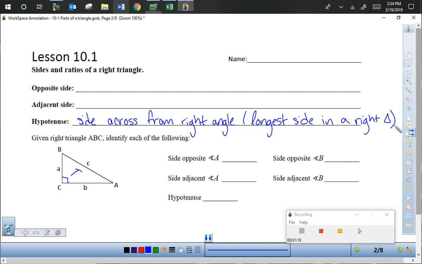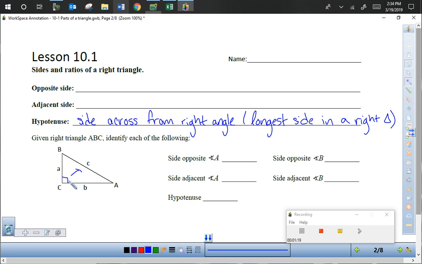Right? So that one is very clear. Then we've got these opposite side and adjacent side. Both of these words, opposite and adjacent, are compared to something. And what they're compared to is one of the other angles in the triangle.